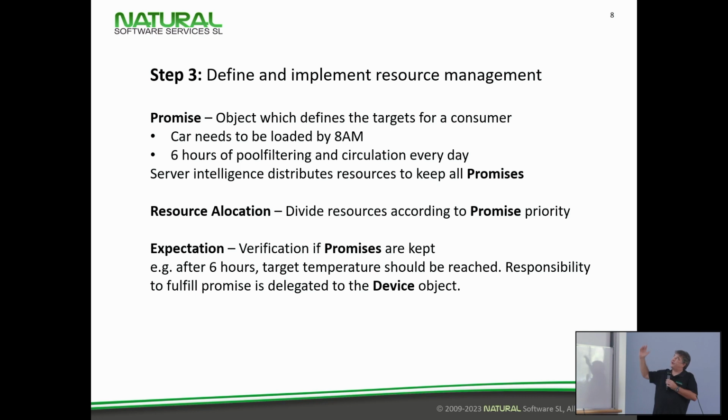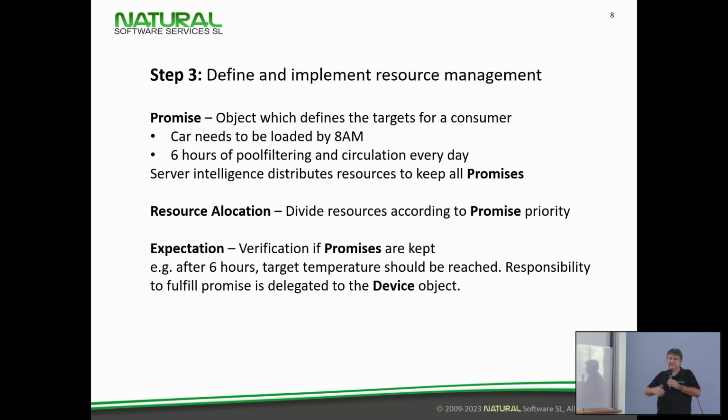Okay, and step three is one of the main things that we're working on right now. We're defining what we call a promise object. A promise is that the system tells you it's going to do a certain thing for you. So for some of the things that you have, if you have an electric car, it needs to be loaded at 8 a.m. the next morning, and you have to have a range of at least 200 kilometers.